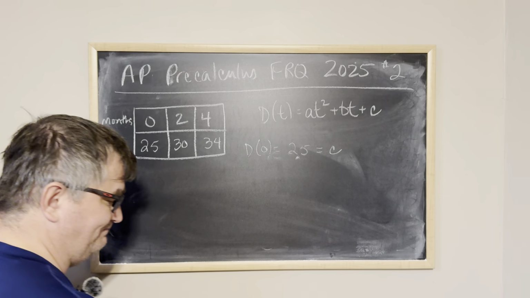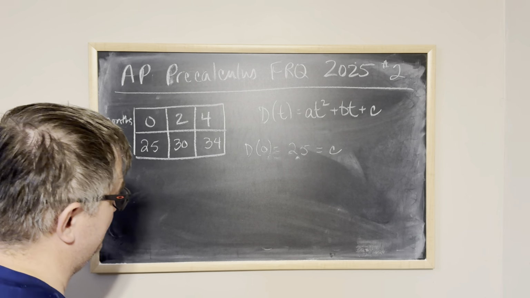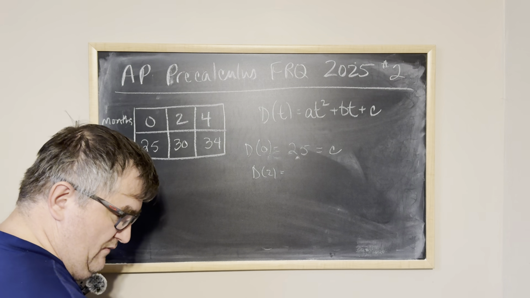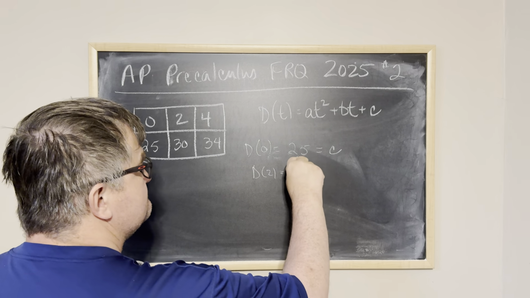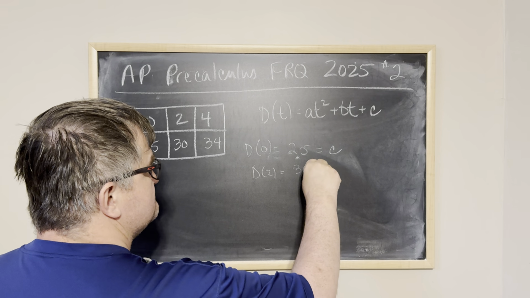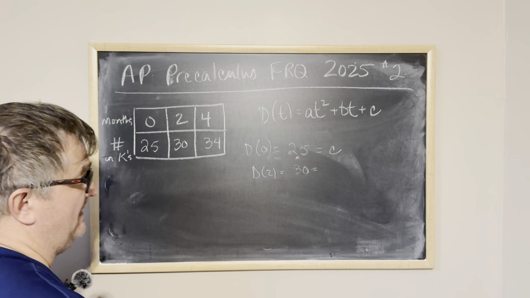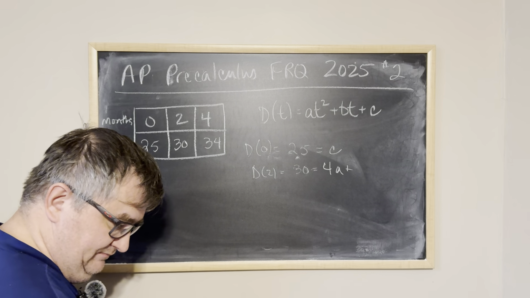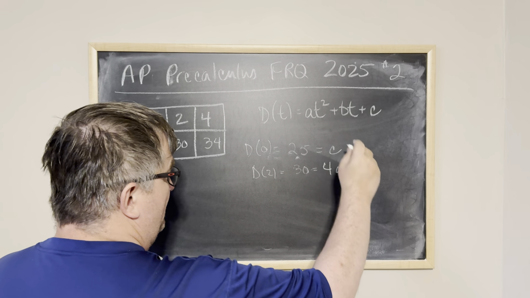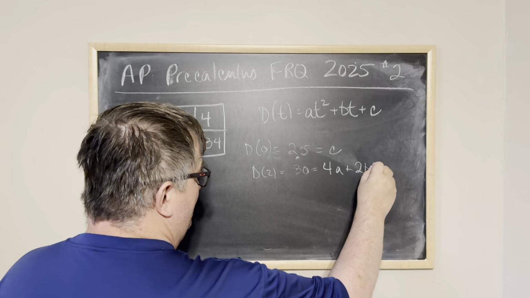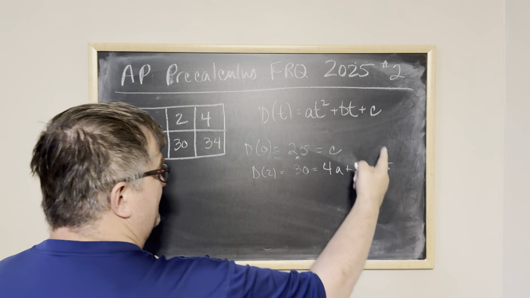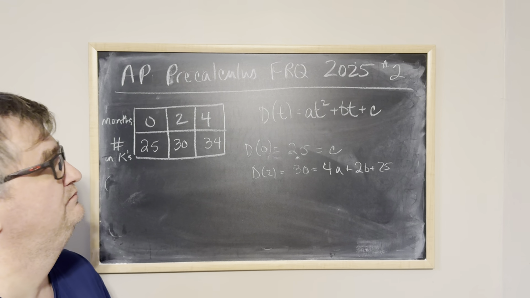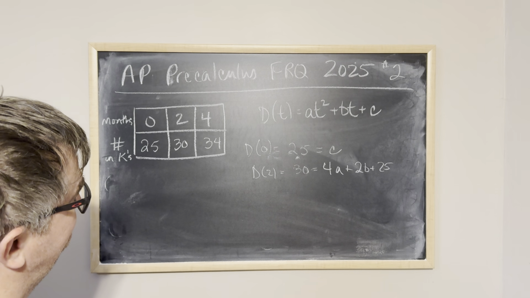So at t equals 2, we have 30, which equals the following. We have 4A plus 2B plus 25. How do I get 25? Because it's from t equals 0. We know C has to be 25, because at t equals 0, that's what that value is.